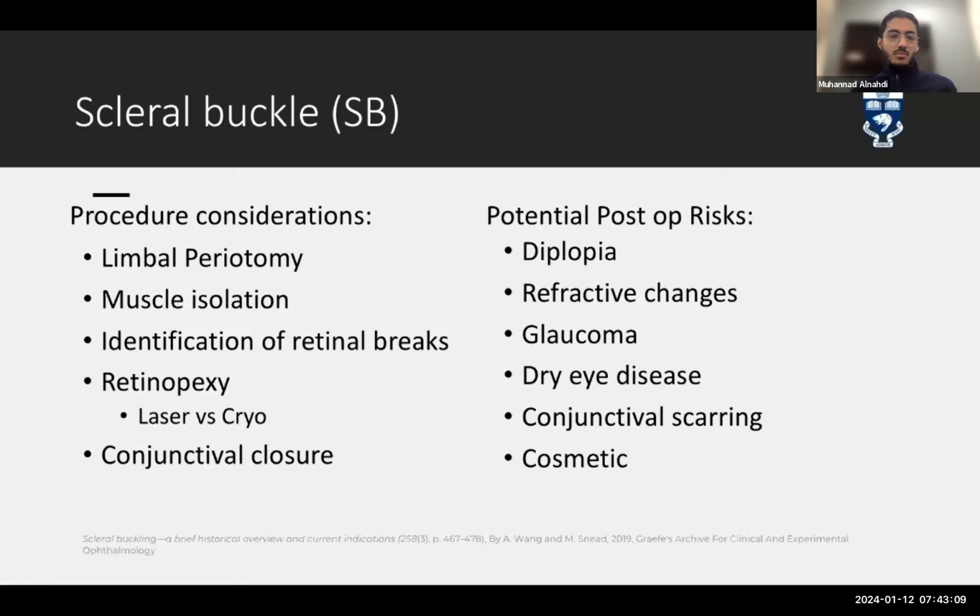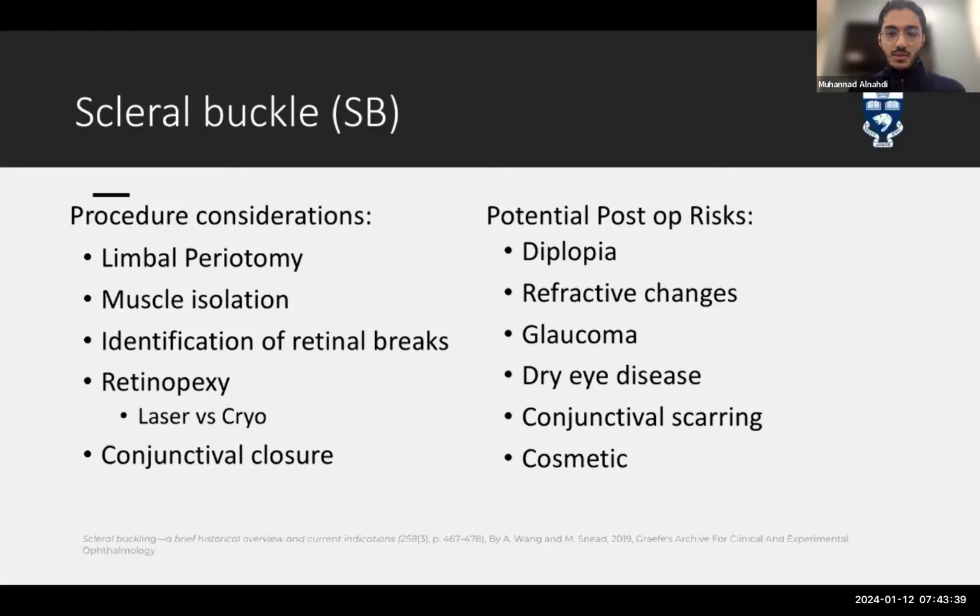So before talking about the procedure that was done, here are a few considerations in the traditional way of doing it. It involves the limbal peritomy, and then the muscle isolation, which is done with muscle hooks, followed by the identification of the breaks. The next step would be retinopexy, whether by laser or cryo, and lastly the conjunctival closure.